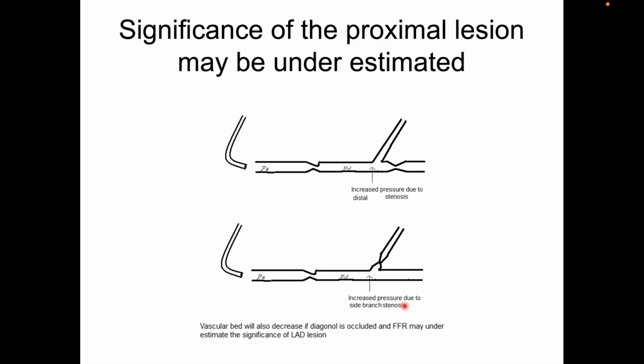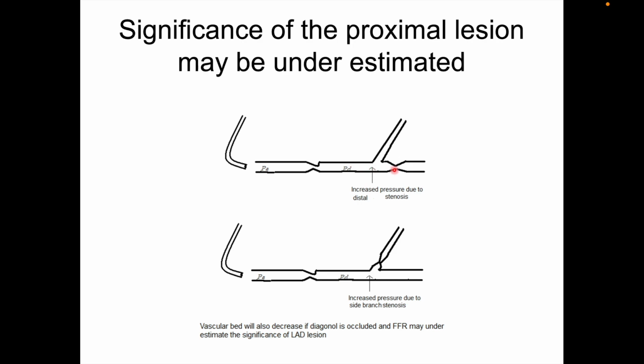Now, if you have two sequential lesions and you want to measure FFR across the distal lesion, which will be significant because it's cumulative of these two lesions, but if you pull your pressure sensor here in between the two lesions and you want to assess the FFR of this lesion, that will be falsely non-significant. Why?